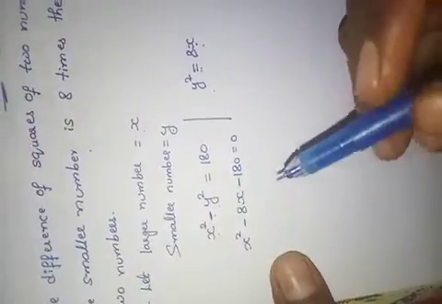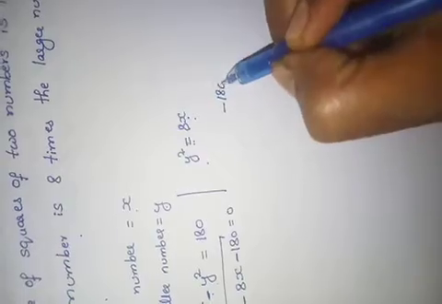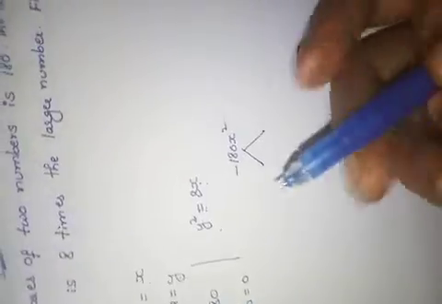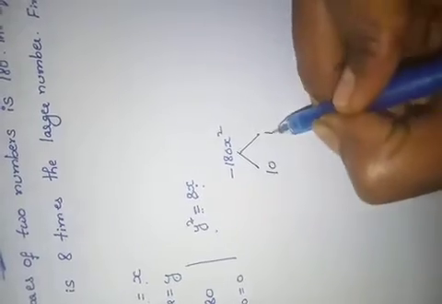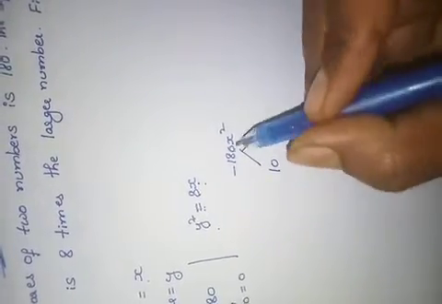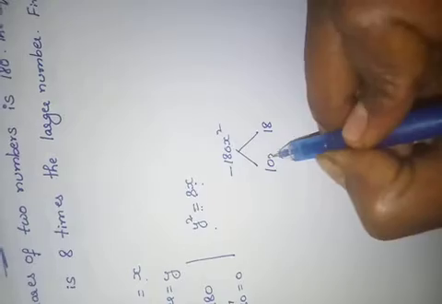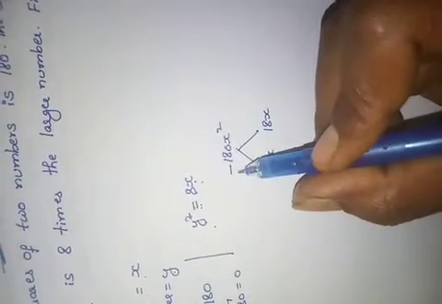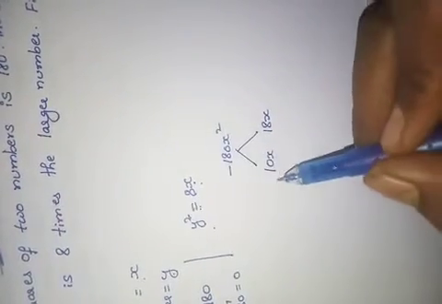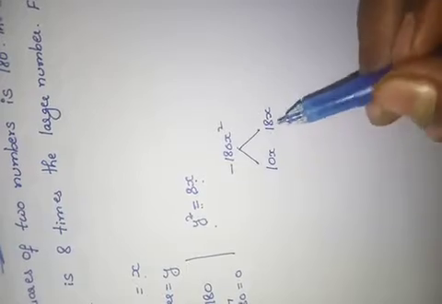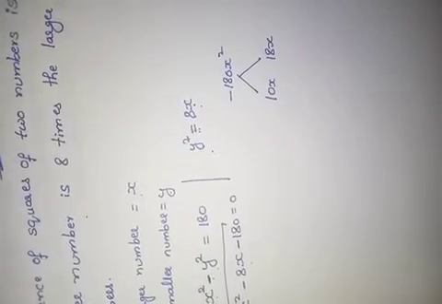Now take factors of the first term and last term, x square and minus 180. How much do we have to get? 8. 10 18s are 180. Take x, x.